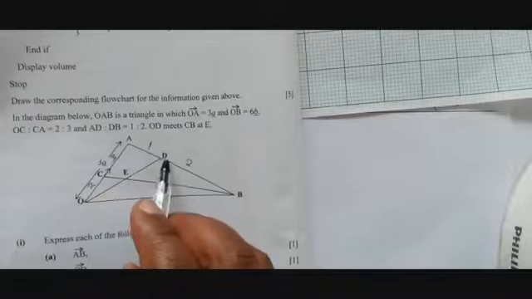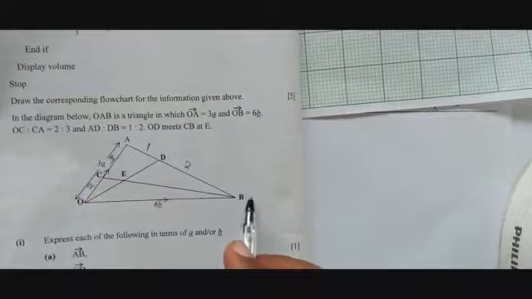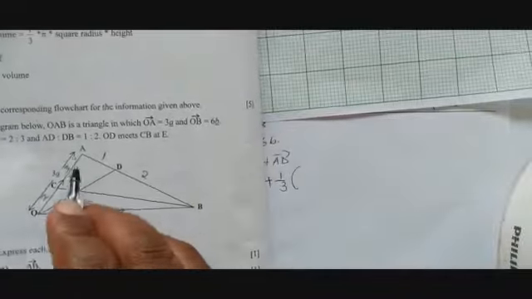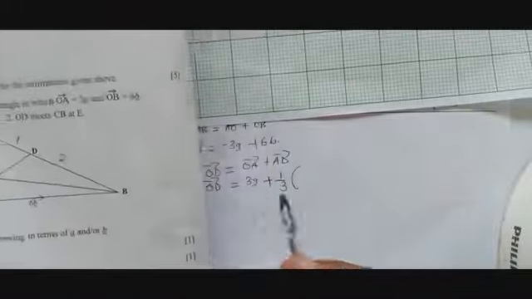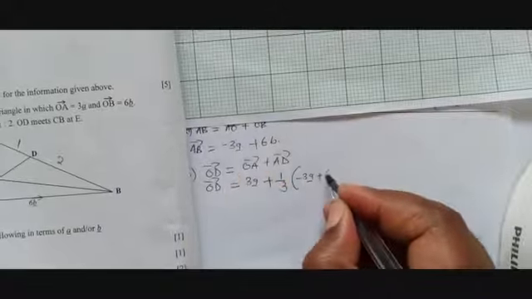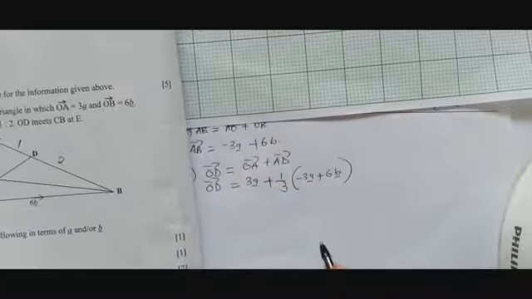Now when you look at AD, it is just only AB, all right? So AD is 1 over 3, because from there to there it is 1, but from here to there it is 3, all right? So 1 over 3 of what? AB. And what is our AB? Negative 3A plus 6B, all right?